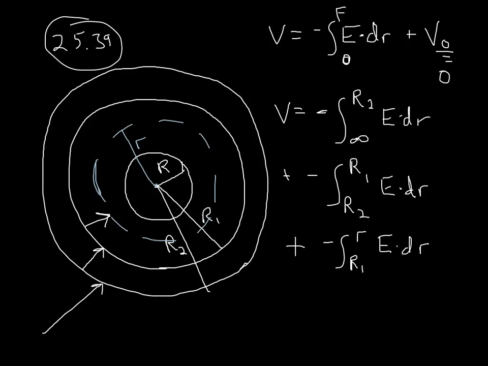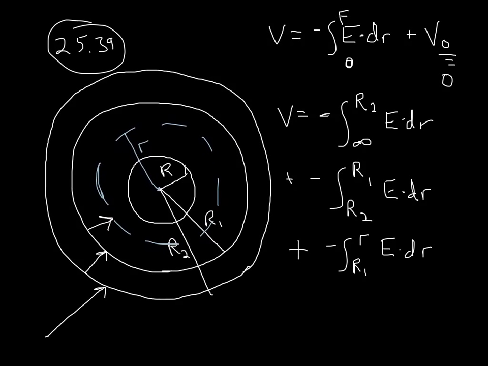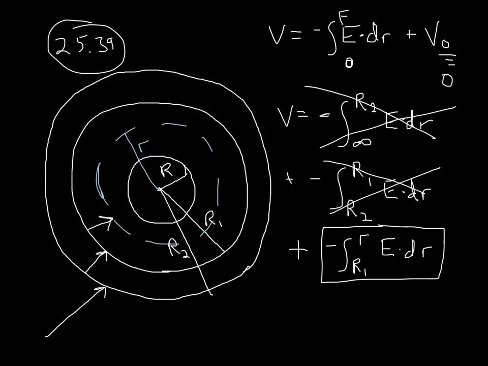And since we've been solving this problem in steps, we already know that our first integral goes away to 0 from part A. Our second integral goes to 0 from part B, and we're left with just this final integral to solve, where our electric field, as we just solved using Gauss's law, is equal to Q divided by 4 pi epsilon naught r squared.